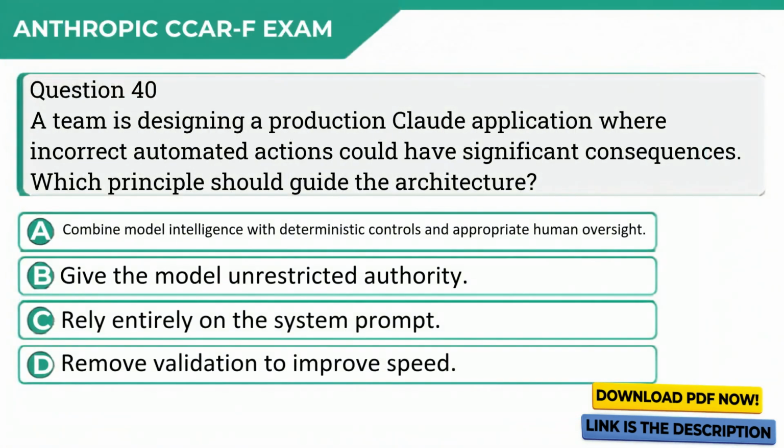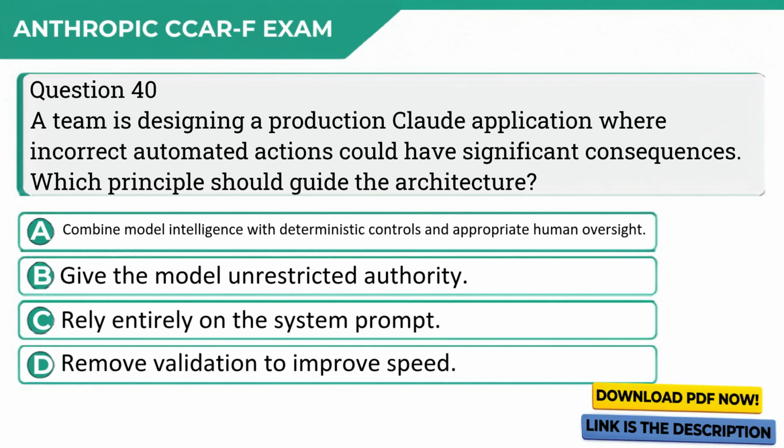Question 40. A team is designing a production Claude application where incorrect automated actions could have significant consequences. Which principle should guide the architecture? A. Combine model intelligence with deterministic controls and appropriate human oversight. B. Give the model unrestricted authority. C. Rely entirely on the system prompt.